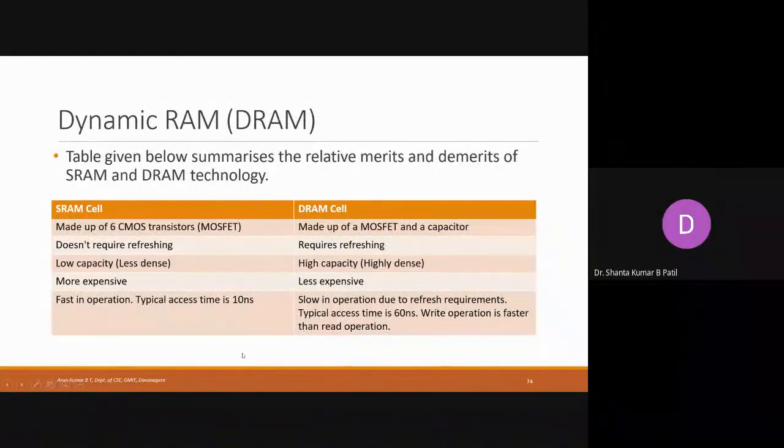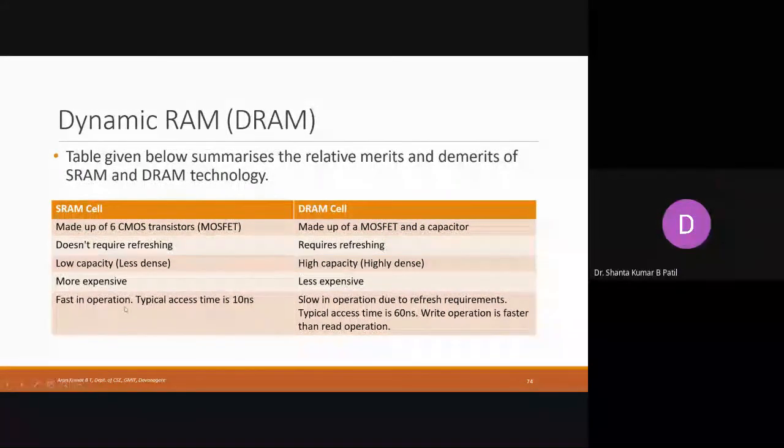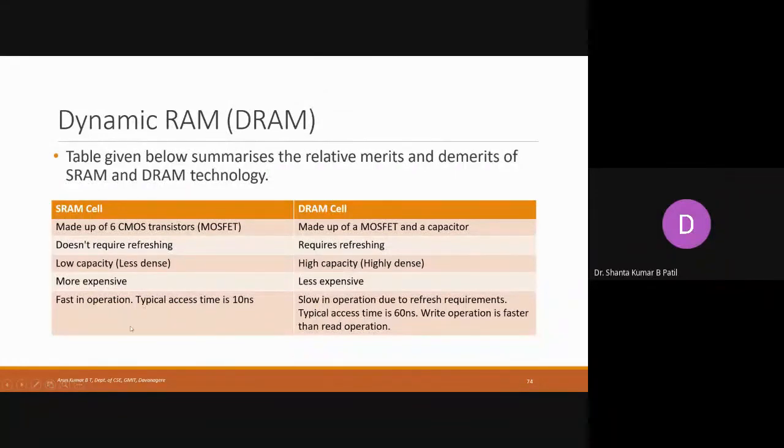SRAM is fast in operation because more electronic circuits are used, while DRAM is slower in processing. SRAM consumes more power because of the more transistors, whereas DRAM consumes very less power.